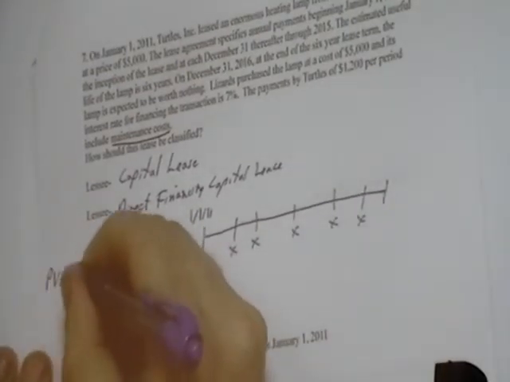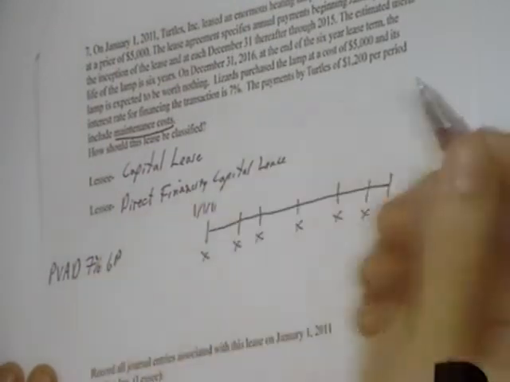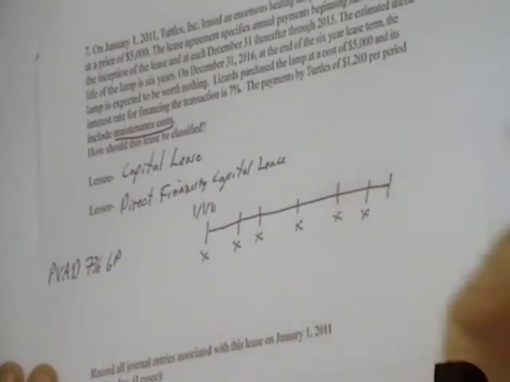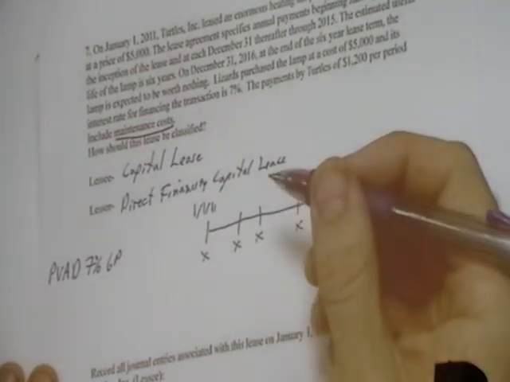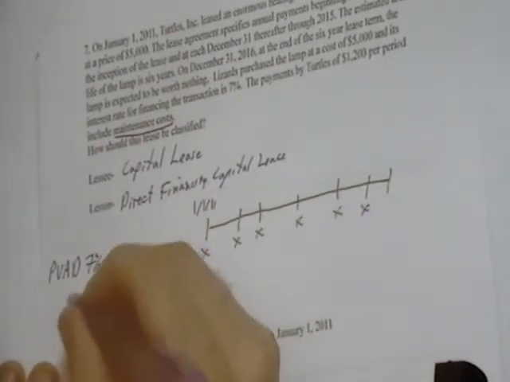So we do the present value of an annuity due, and the interest rate is going to be 7%, and the 6 periods. Can someone, I don't have these numbers in front of me, so we're going to have to figure that out. So go to the present value of an annuity due table, and go to 7%, 6 periods, and tell me what that factor is going to be.